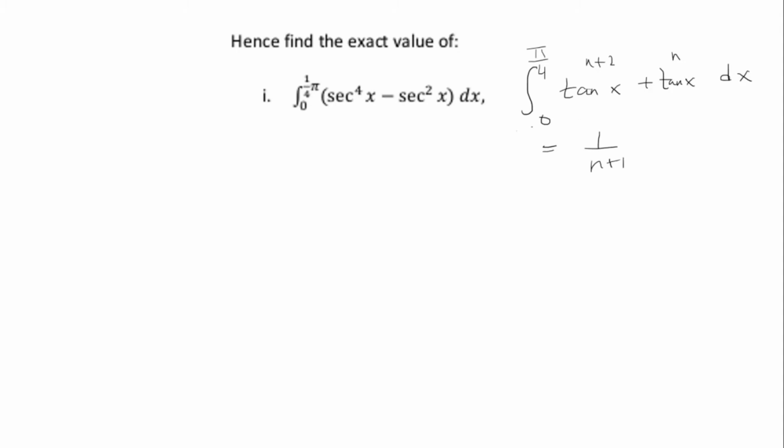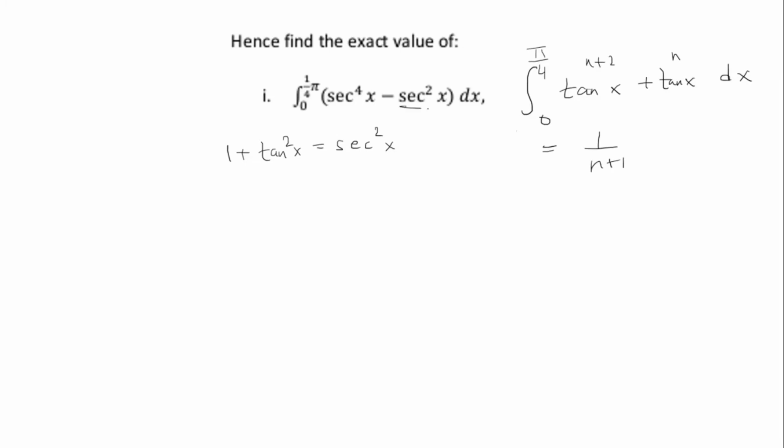But here we only have in terms of secant. So what's the connection between the tangent and the secant? Well, we know that 1 plus tangent squared is secant squared. So I can replace secant squared with 1 plus tangent squared.